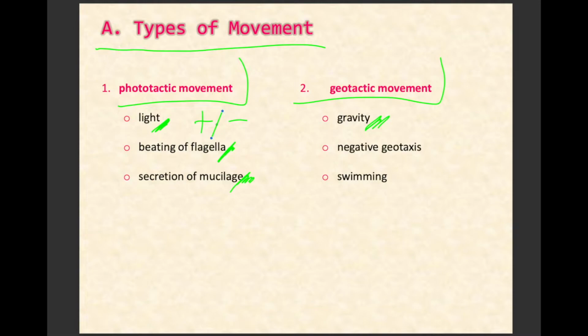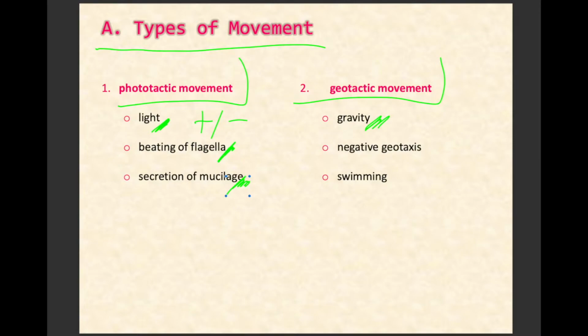They can achieve this movement or locomotion through the beating of their flagella, just like swimming using their flagella. Sometimes they can also secrete mucilage to enable them to swim a little bit faster, to aid in swimming or attachment to other benthic strata or certain littoral areas or rocks, for example.